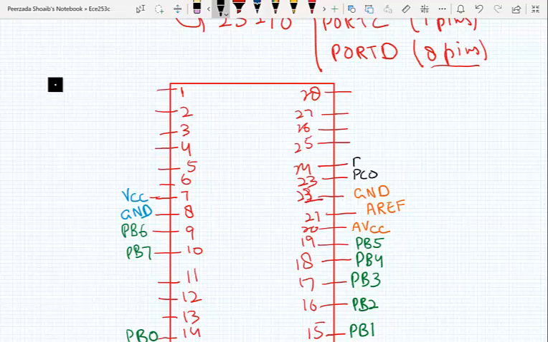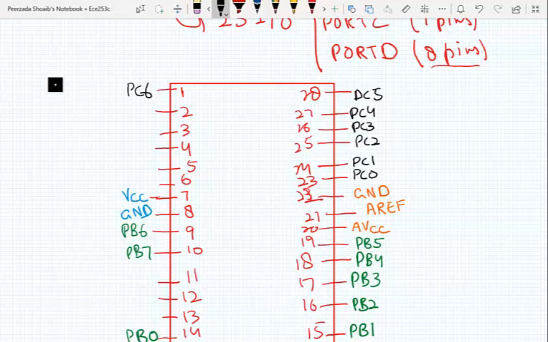It has only got 7 pins, so PC0 to PC6: PC1, PC2, PC3, PC4, PC5, and then we have PC6 here. So these are the 7 pins of port C.